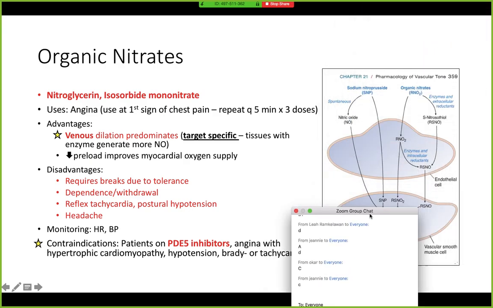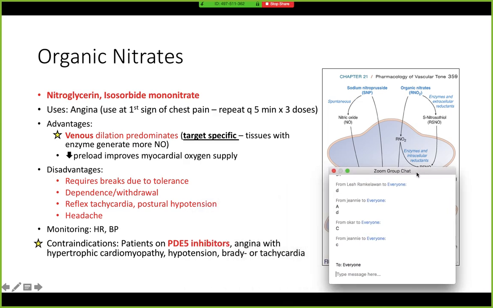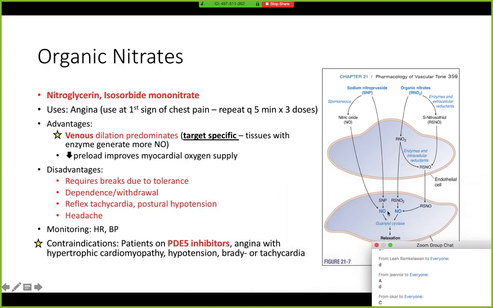Okay, so now let's talk about the organic nitrates. Your organic nitrates are going to be nitroglycerin and isosorbide mononitrate. Definitely the one that you're going to be tested over more often is nitroglycerin, and I'm sure everybody's probably heard of that one.